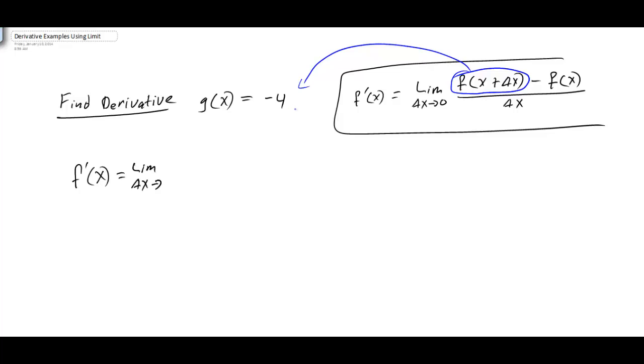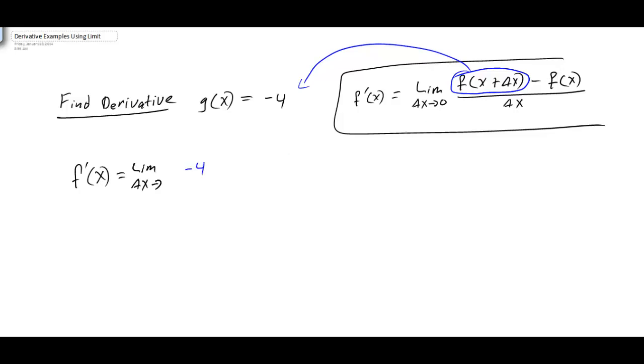And the confusing part here may be there's no x value. Well, that just simply means that no matter what our x value is, our y value is always -4. So when we plug in x plus delta x, we're going to get out a -4.